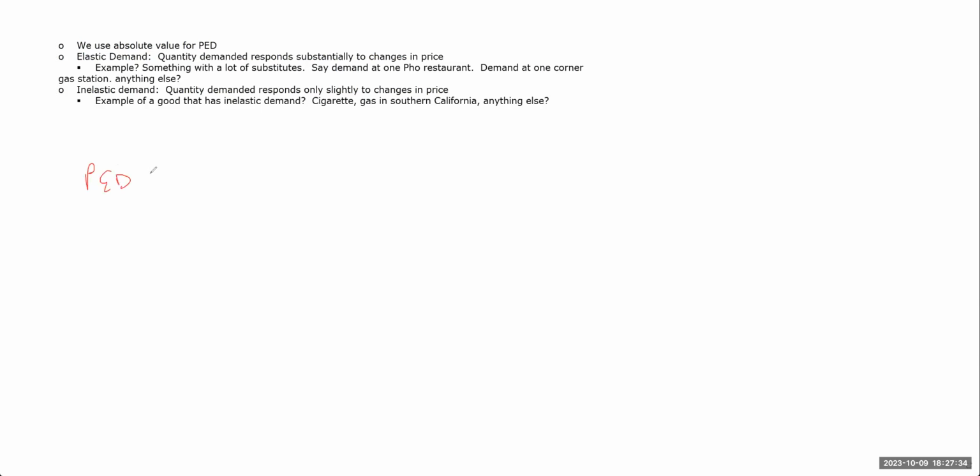Price elasticity of demand is less than 0, because as price goes up, the amount we buy, quantity demanded, falls. However, because of some econ gods out there, we will use the absolute value of price elasticity of demand. So we're going to drop the negative sign. When we calculate the price elasticity of demand as negative 67%, we're going to drop that and say it's actually 67%, knowing that when price goes up, quantity demanded falls.